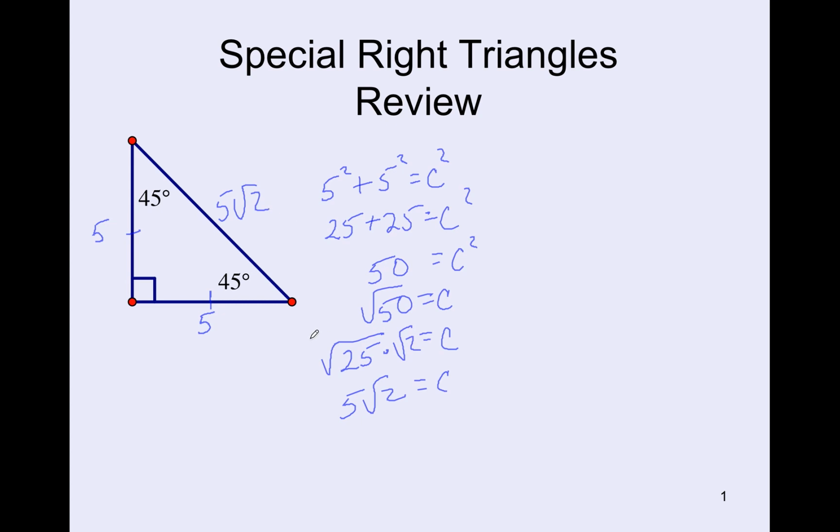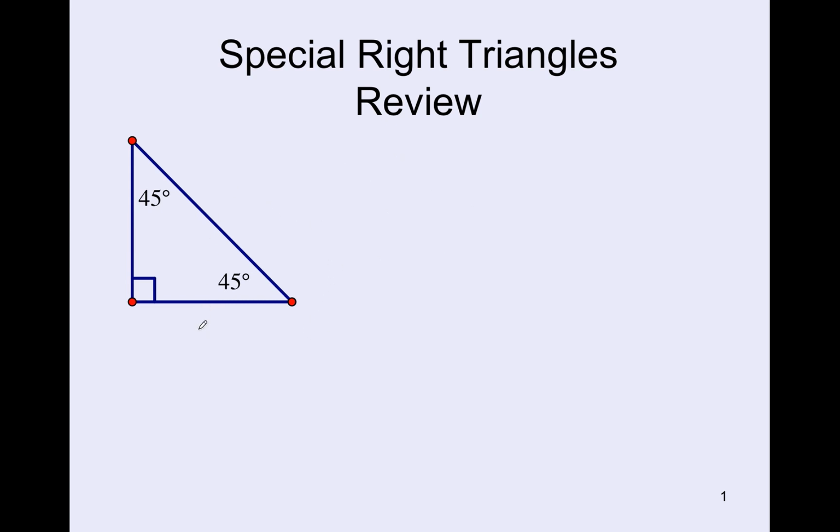Okay, I'm going to start you on the next one, see if you can do it on your own. We'll say this is 4 root 2. See if you can finish it up. All right, well, if this is 4 root 2, this one here is 4 root 2. So it's 4 root 2 squared plus 4 root 2 squared equals a hypotenuse squared. 4 root 2 squared is 32.